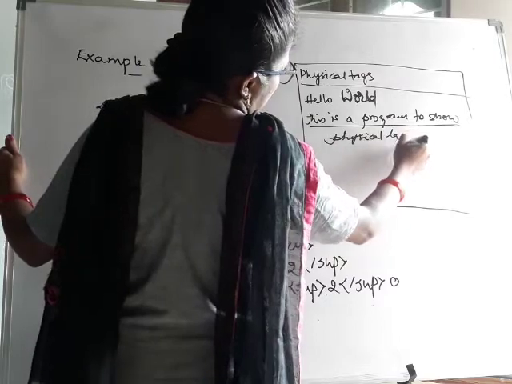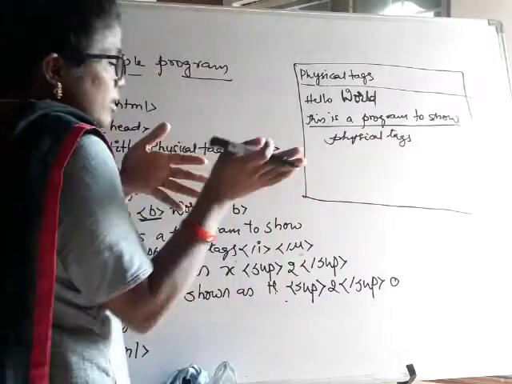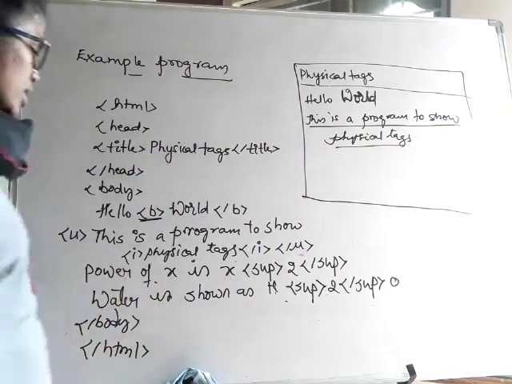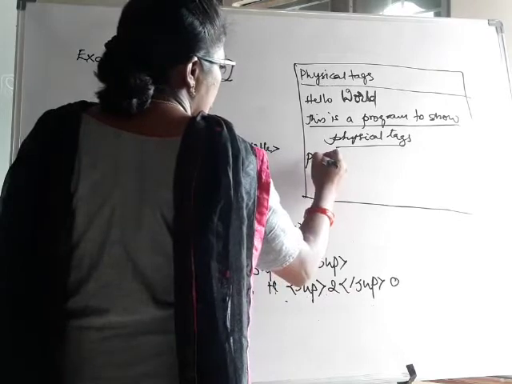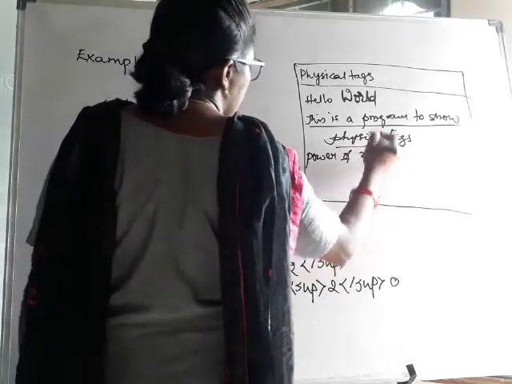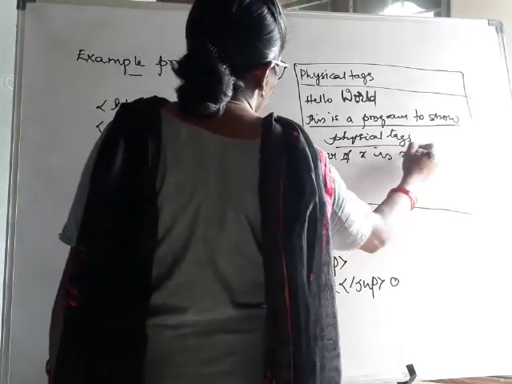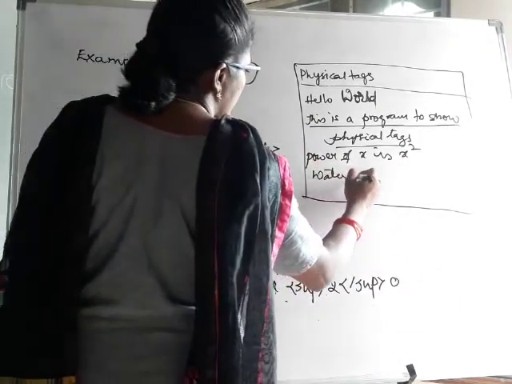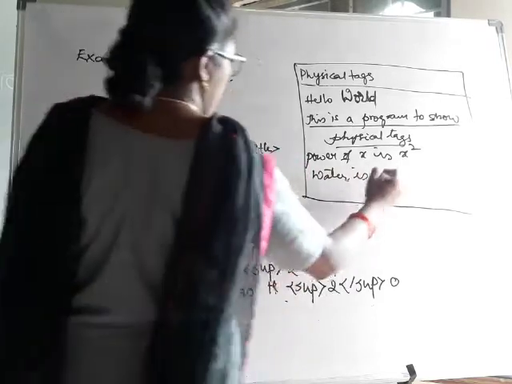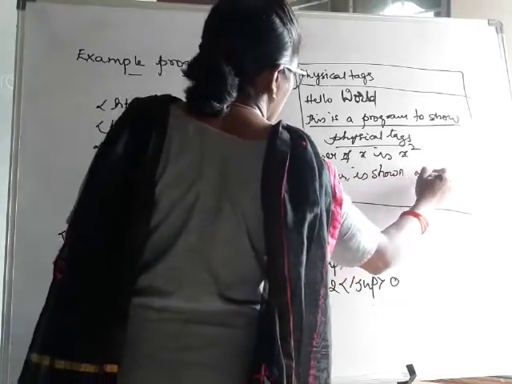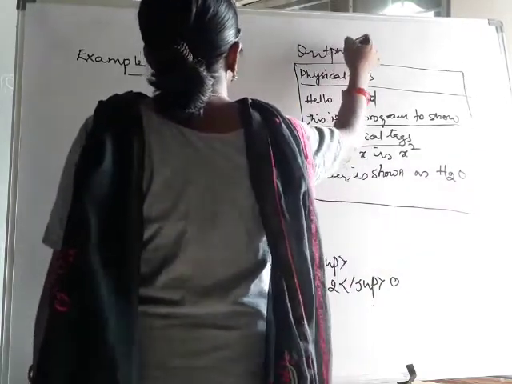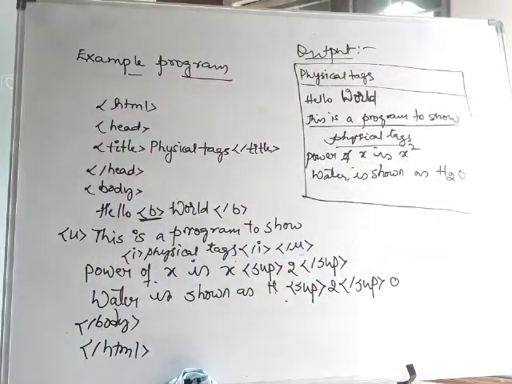Here I wrote in italics, so this is italics as well as underlined. Next is x power of 2, which is x square, superscript. And water is shown as H2O. So this is the output for this program. Clear? Hope you have understood.